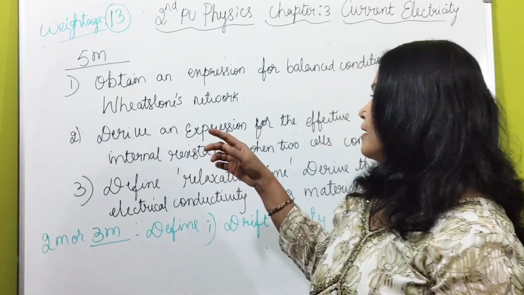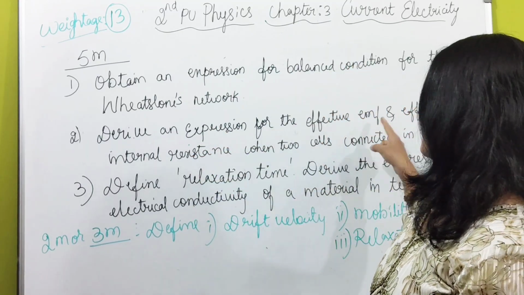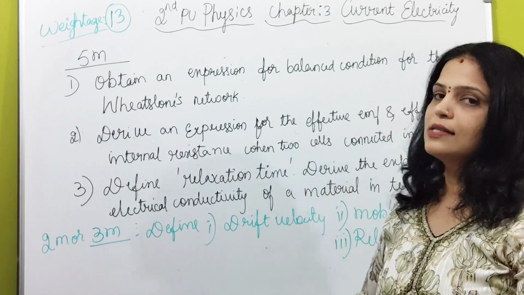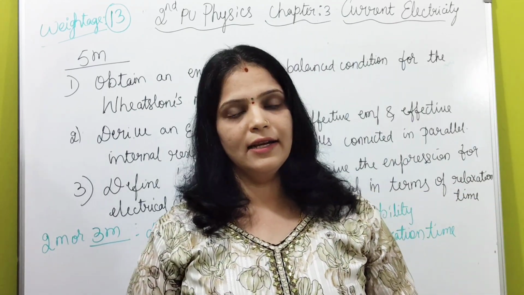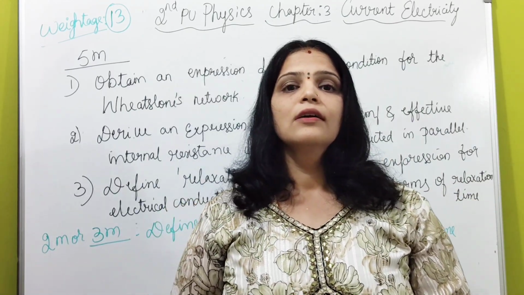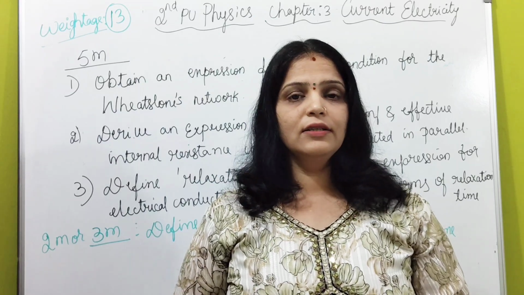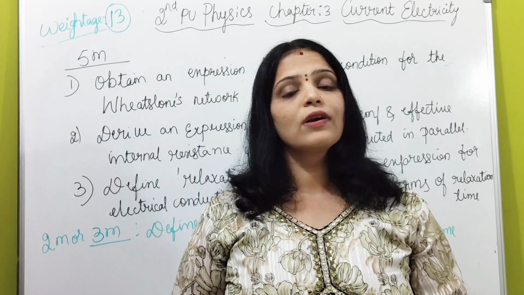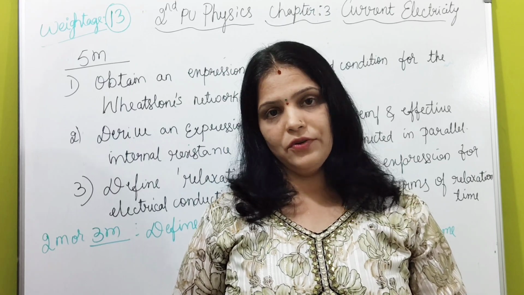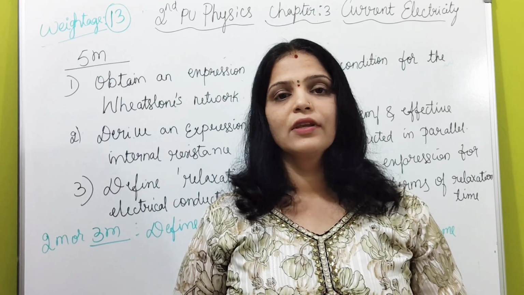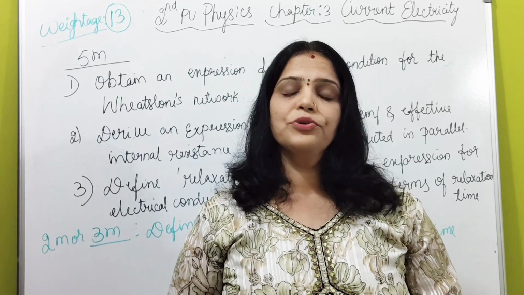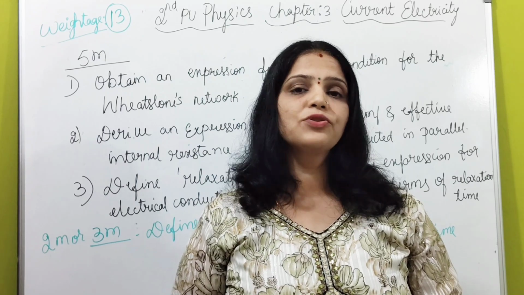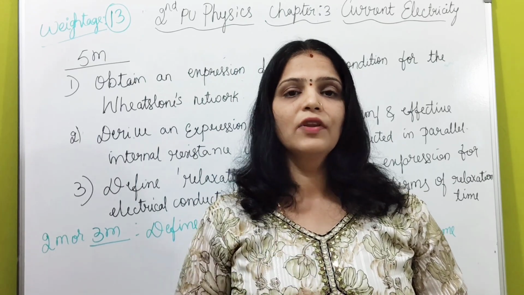Okay, and next one is derive an expression for effective EMF and effective internal resistance when two cells are connected in parallel. So this is a very important question. When two cells are in parallel, what is the effective EMF and effective internal resistance? So here also you should draw the diagram when two cells are connected in parallel.